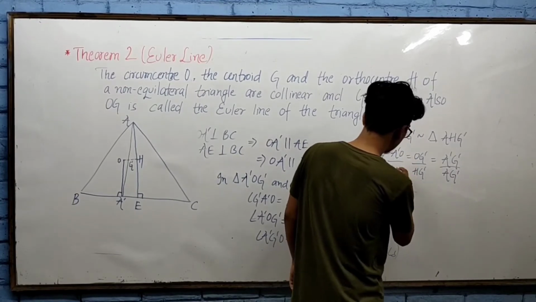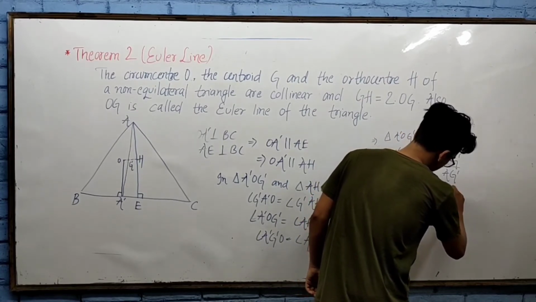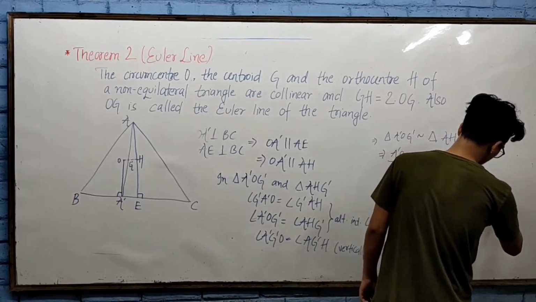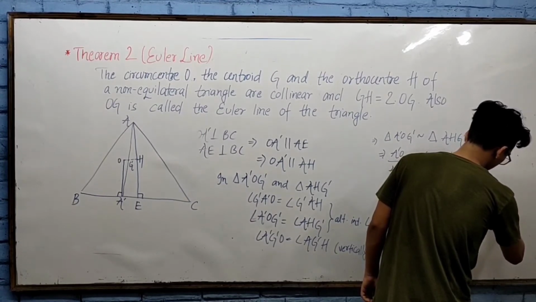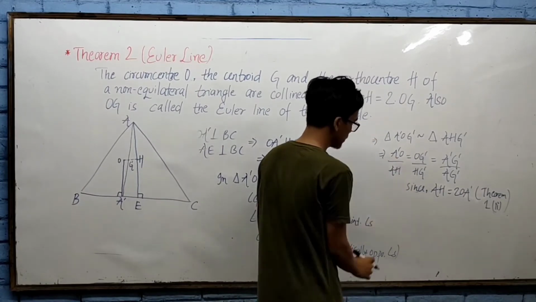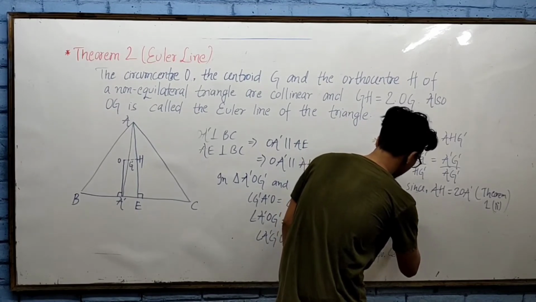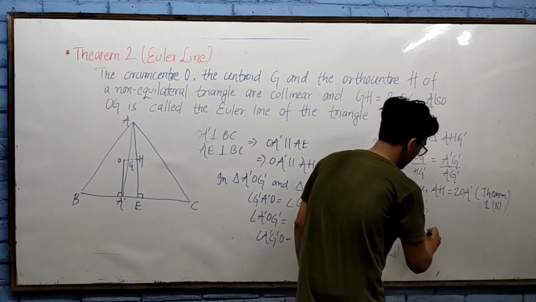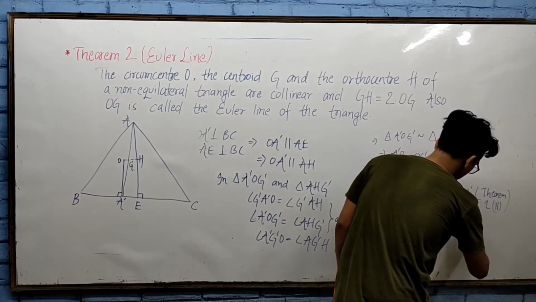Since AH equals 2 OA dash, this AH by AO dash becomes 1 by 2. So we have 1 by 2 equals OG dash by HG dash equals A dash G dash by AG dash.